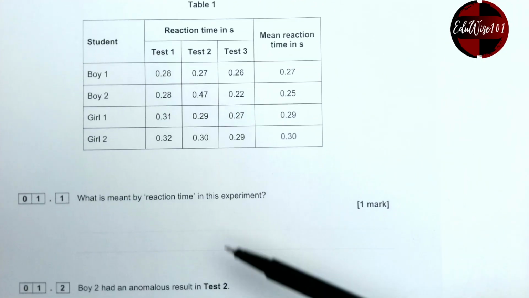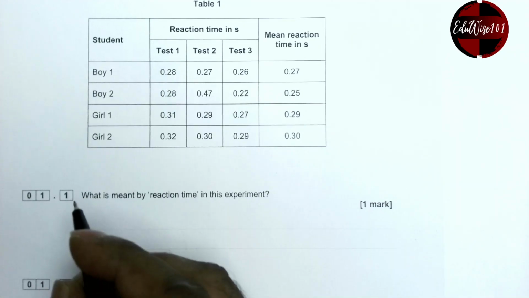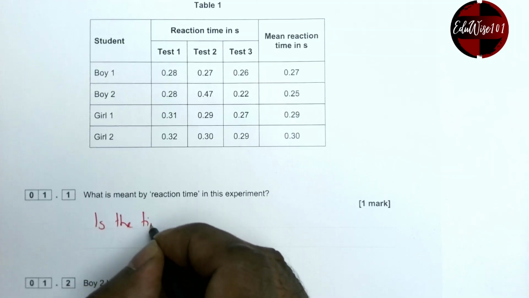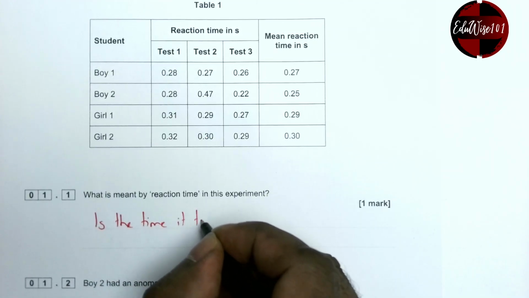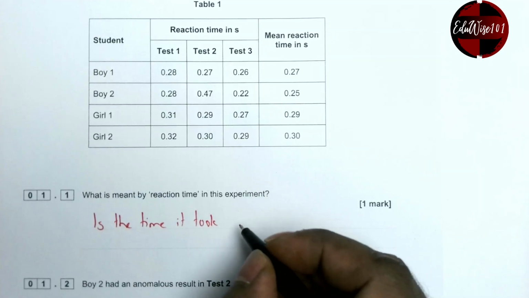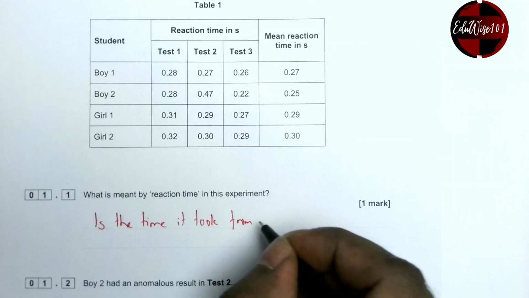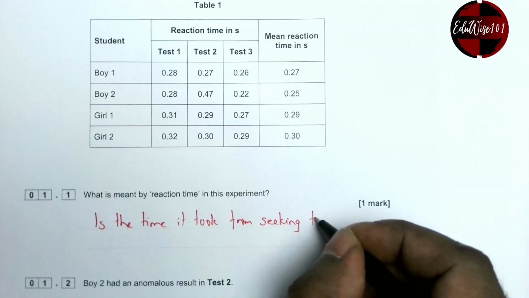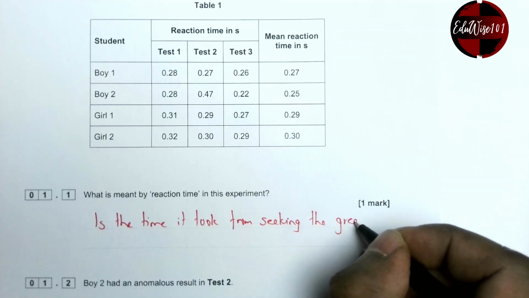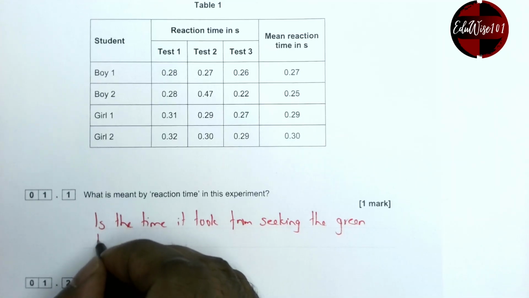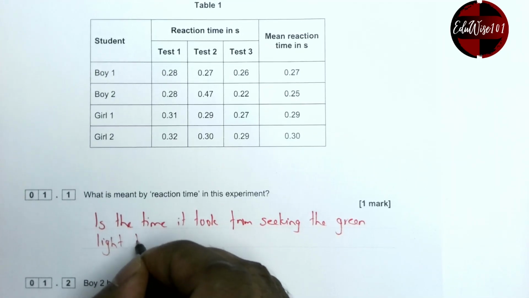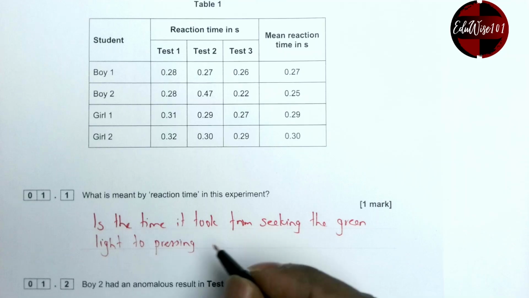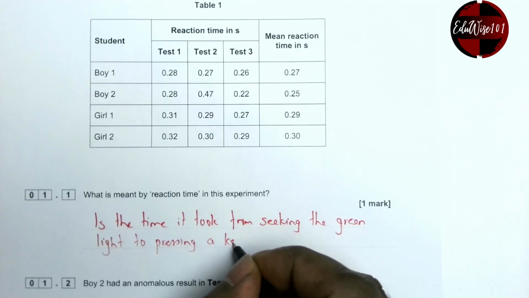So the reaction time is the time it took from seeing the green light to pressing a key.